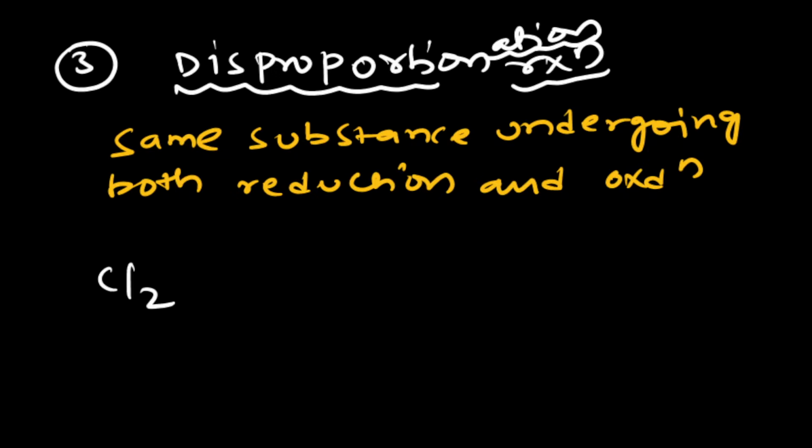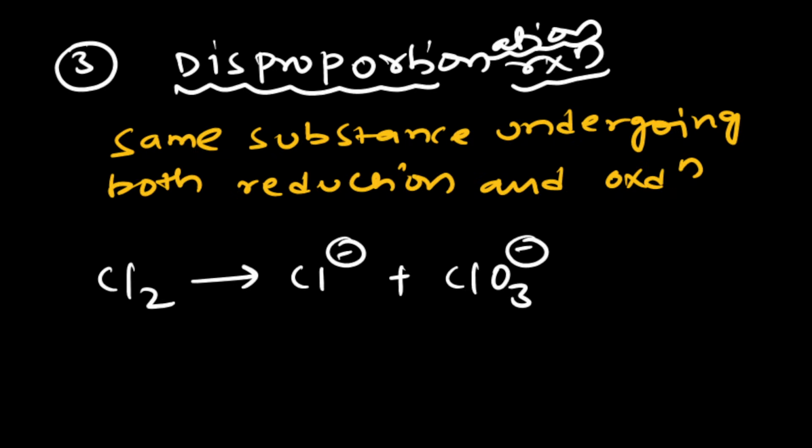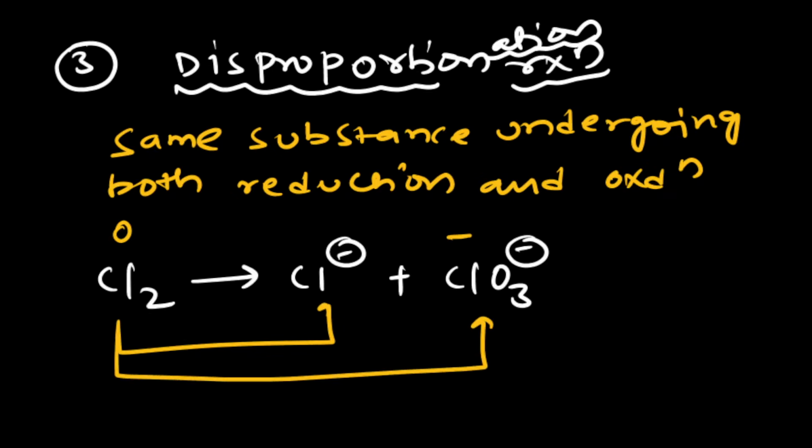Example, if you take Cl2, it will give Cl minus plus ClO3 minus. Now you can see here it is going from 0 to -1, and from 0 it is going to +5. I hope it is clear for everyone. One is reduction, and this is oxidation.